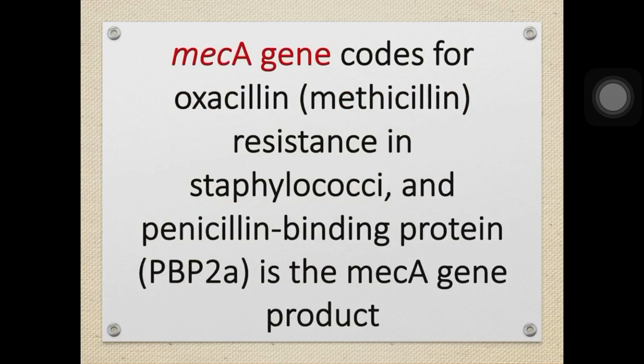mecA gene codes for oxacillin or methicillin resistance in Staphylococci, and penicillin binding protein 2a is the mecA gene product. MRSA, so ano po yung gene na responsible dito? mecA gene. Again, it codes for oxacillin or methicillin resistance in Staphylococci. Ano po yung drug of choice for MRSA? Vancomycin.